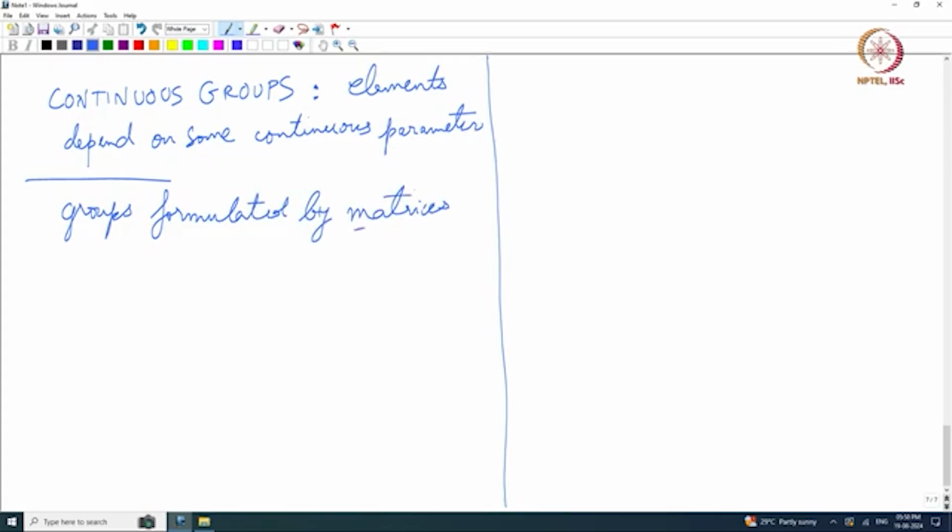We just saw one, the U that was required for spinor rotation. There is a way to deal with these groups in an abstract way also, but if you can formulate them with matrices, why not use them, because we know how to manipulate matrices. So, it just makes life easier, correct.